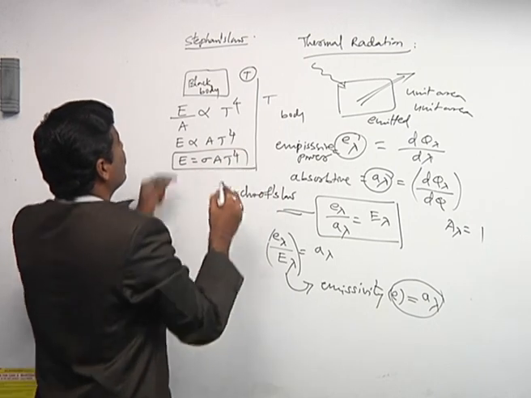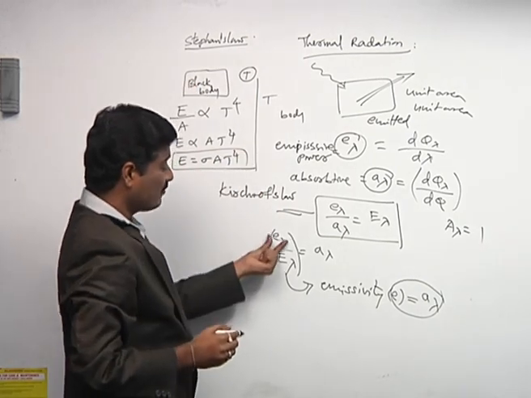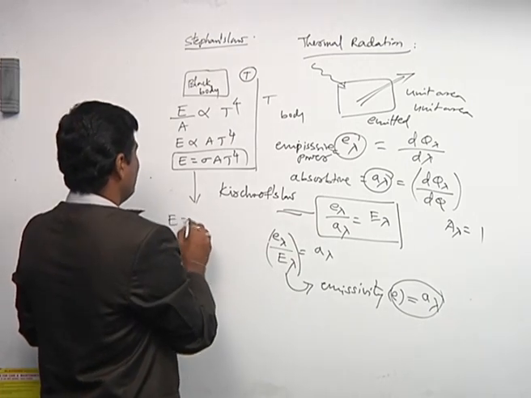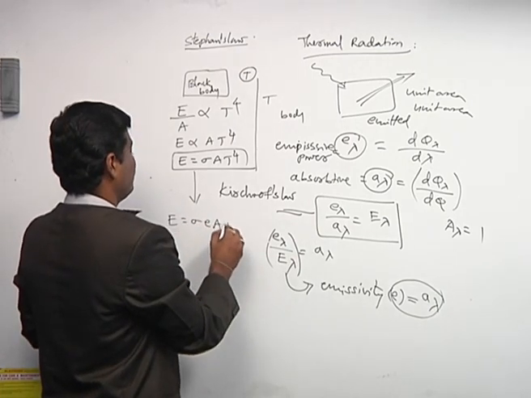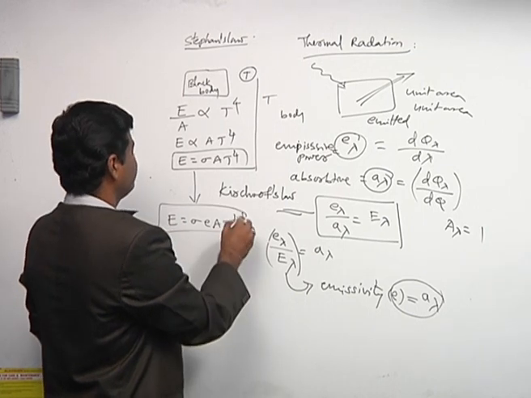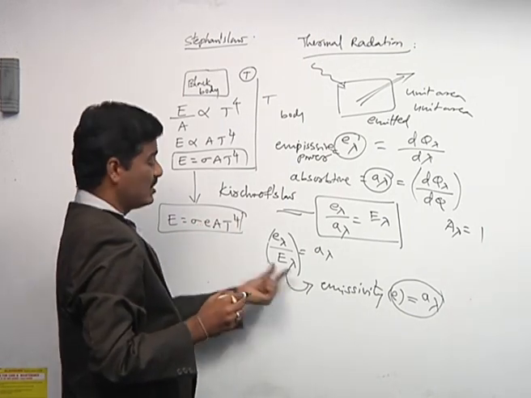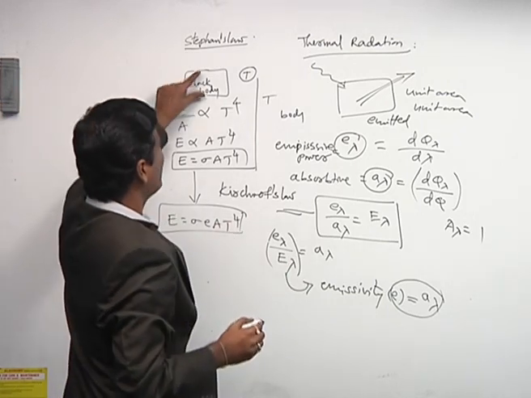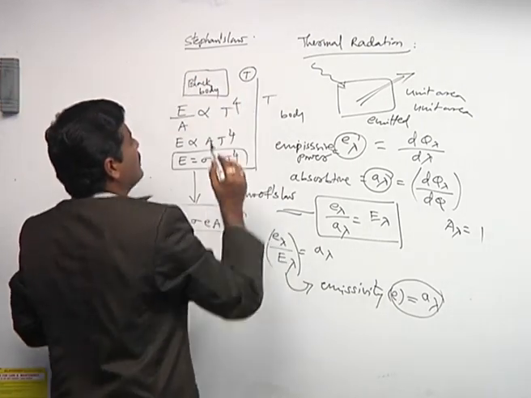This is for the black body. For ordinary bodies, E will be equal to sigma e T to the power of 4, where e is the emissivity of the ordinary body.